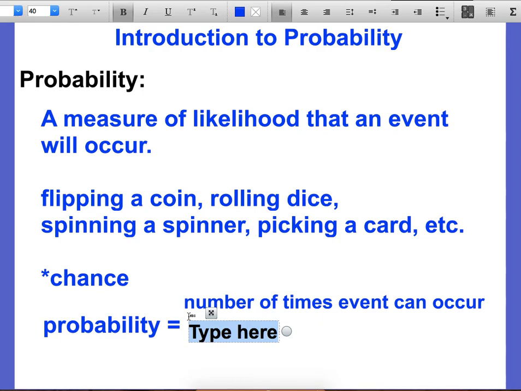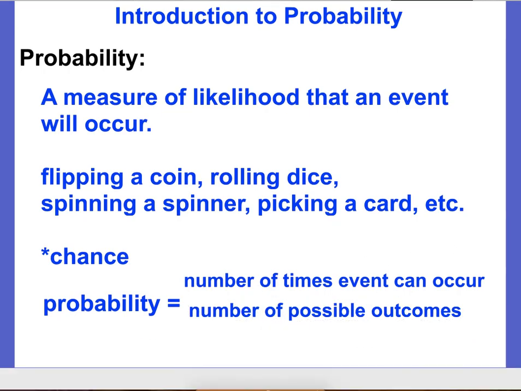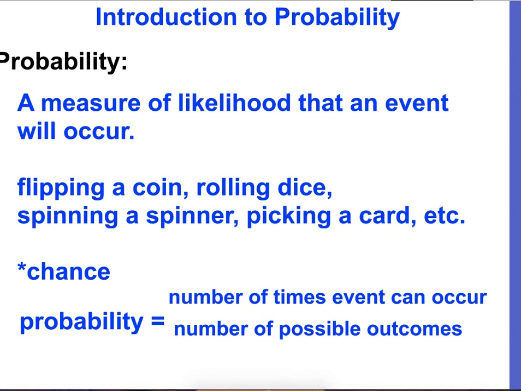Remember, it's a ratio over the number of possible outcomes. So whenever we have a probability, we see it as a ratio. You might see it with a colon, written as a ratio like that. Usually we'll write it as a fraction.